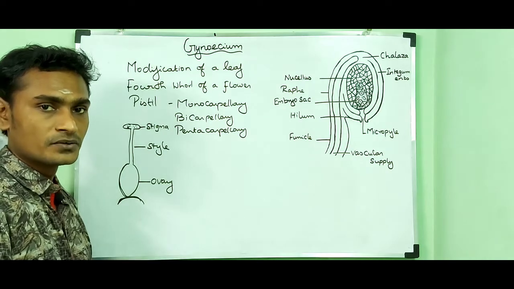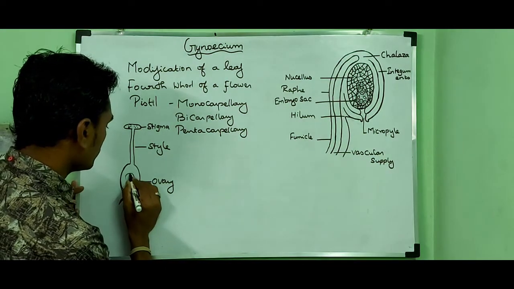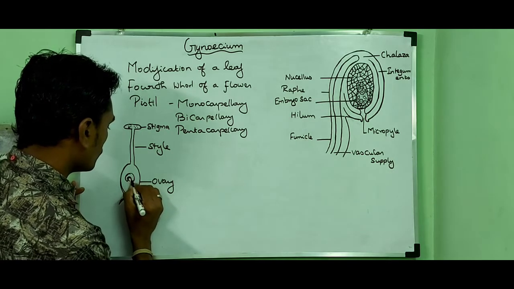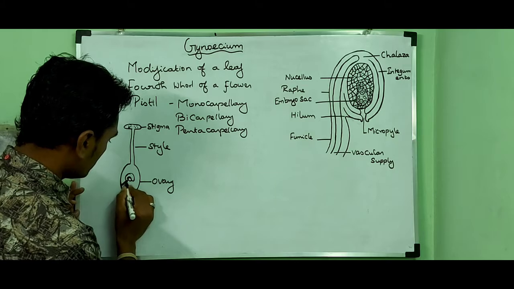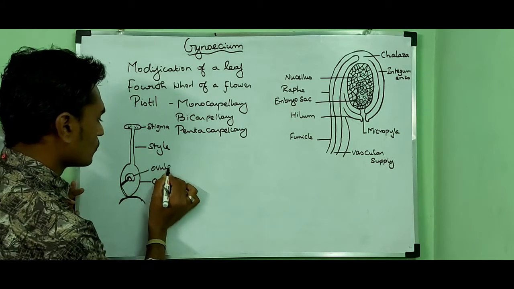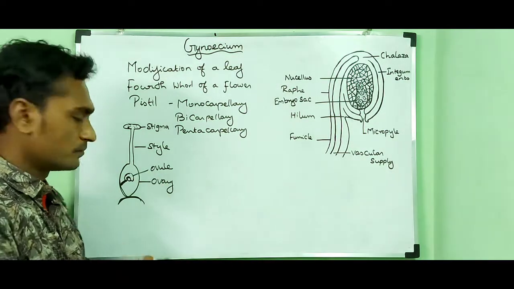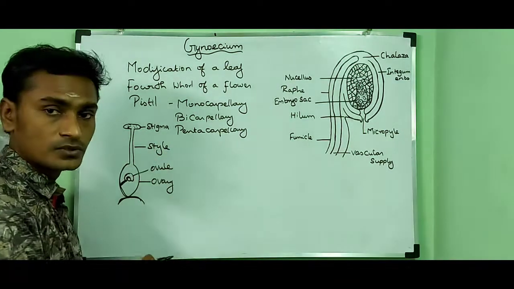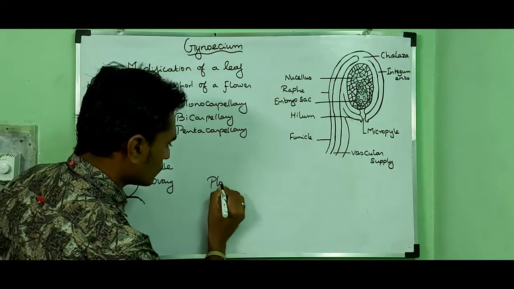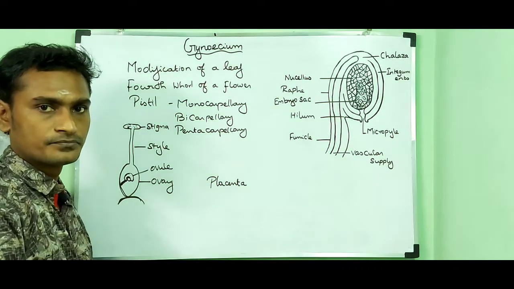Inside the ovary we are able to find the ovule. So this structure is called the ovule. The ovary encloses the ovule. Actually, this ovule arises from the placenta.